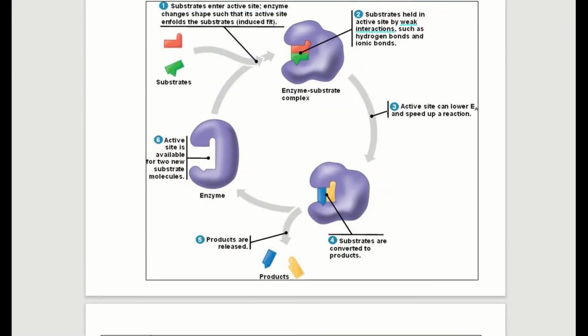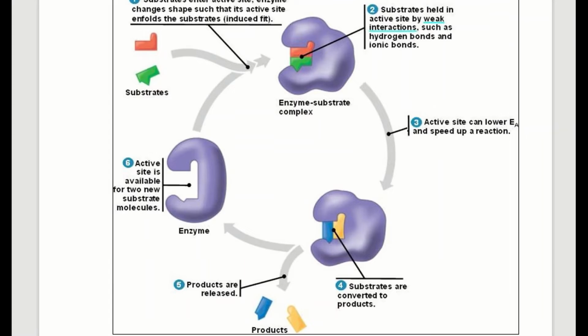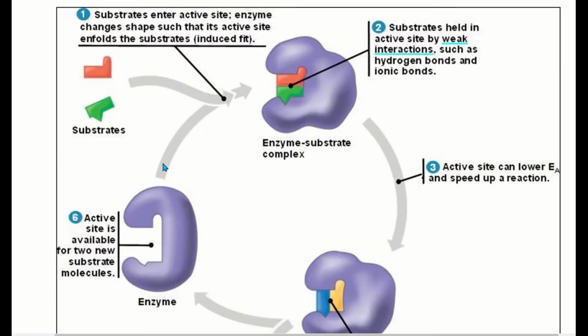Okay, so kat sini ada gambar lain. Okay, so kalau tengok dekat gambar ni, ini enzyme, this is active site. So active site is available for substrate molecules. Okay, so sekarang kita ada dua substrate. Okay, so substrates enter active site.